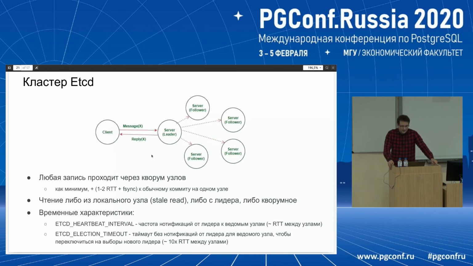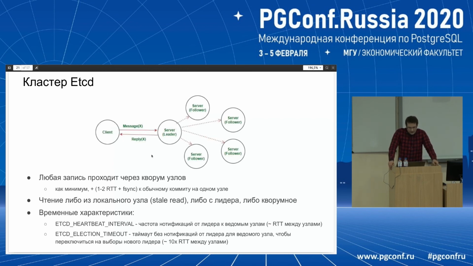Actually, all the DCS nodes here work stably. If they work stably, then they become either leaders or followers, like in a common PostgreSQL cluster. But the mechanism of leader election is integrated inside the Raft protocol. And there is also a third state, the candidate state.